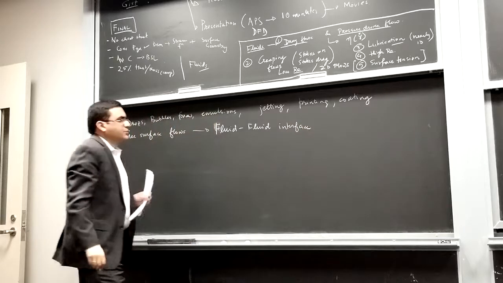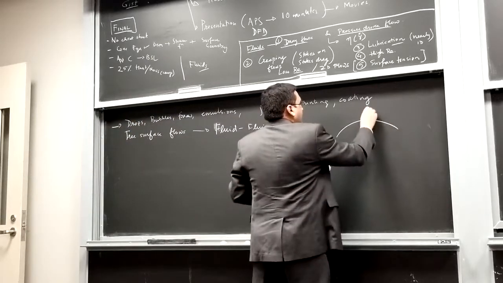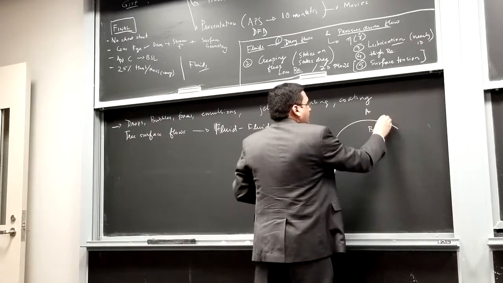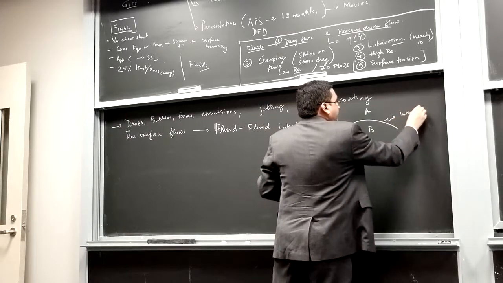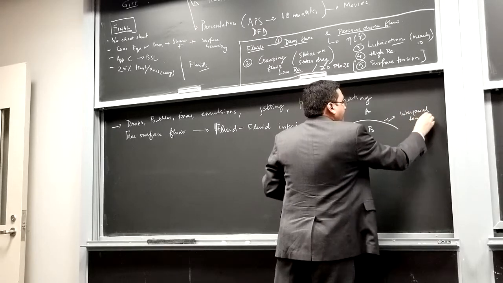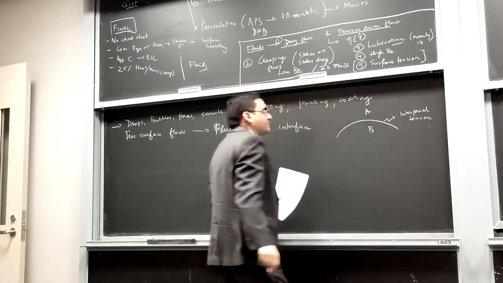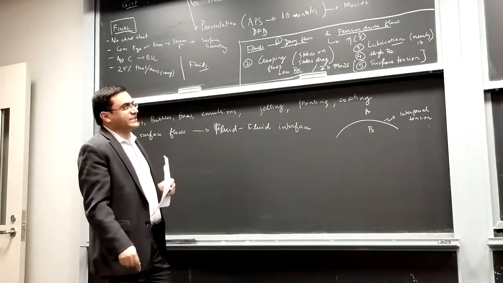and so whenever I have two fluids, A and B, we usually use the term interfacial tension. So for two liquids, we use interfacial tension. When it's liquid and a gas, we typically use surface tension, but they are the same thing.